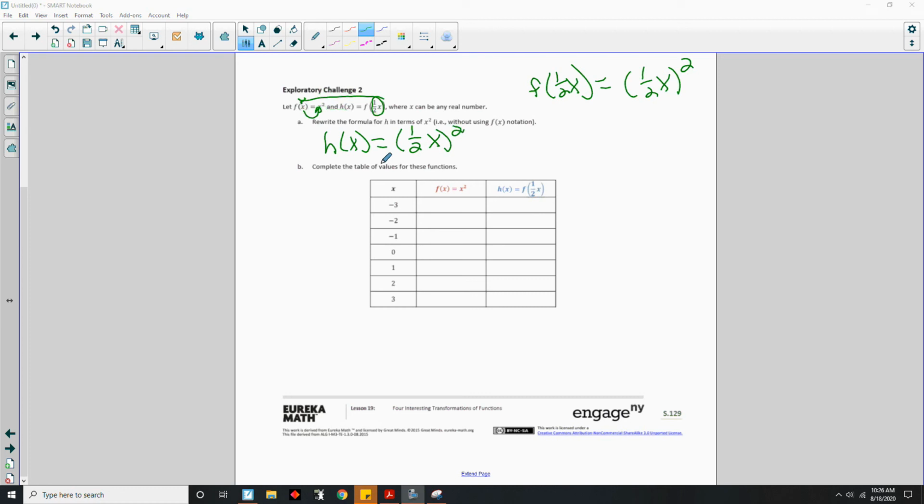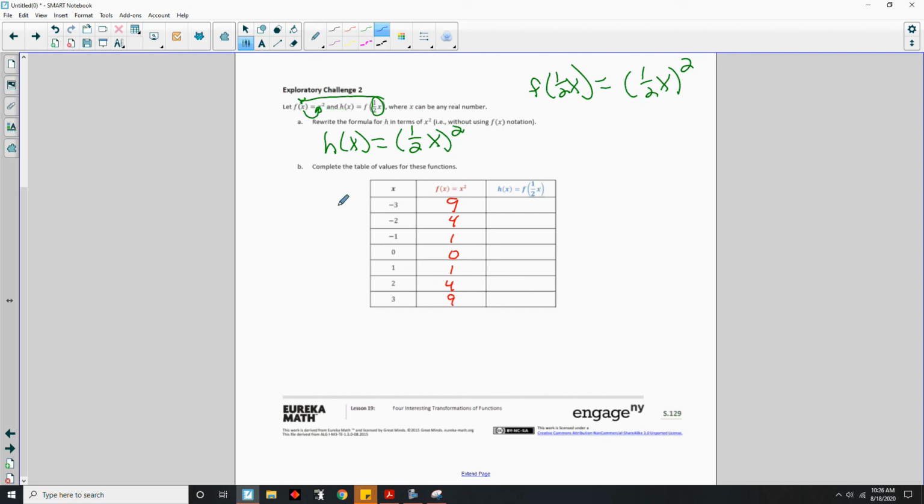Okay, now it says to complete the table of values for these functions. So again, it's going to be the same as the last one, so I'm just going to go through this quickly. -3 squared, 9, -2 squared, -1 squared, 0 squared, 1 squared, 2 squared, 3 squared. Alright, so now we're going to take 1/2 of x and square it.